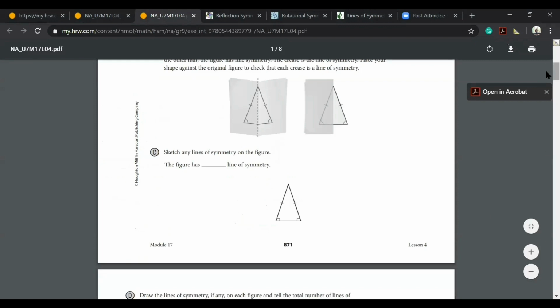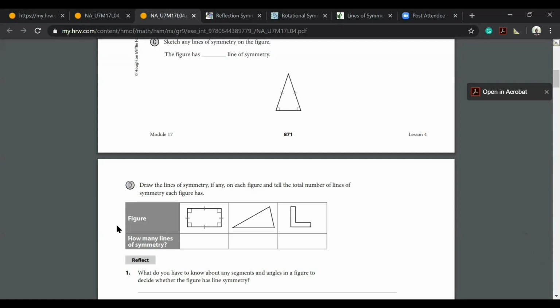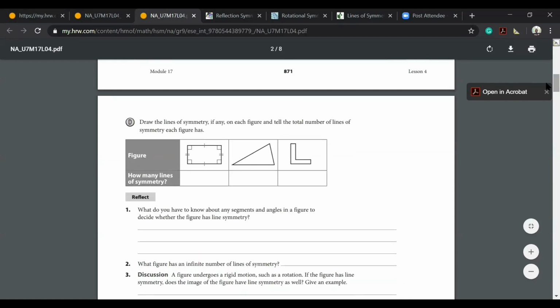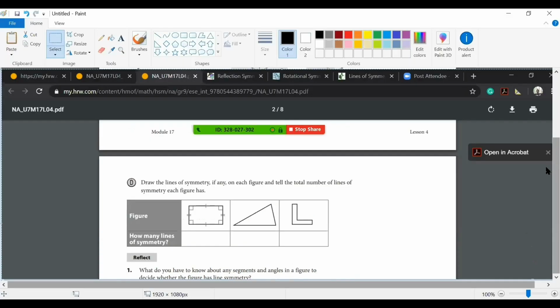Okay, going to the second page. In here, question D. Draw the lines of symmetry, if any, on each figure and tell the total number of lines. Let's think together. How many lines of symmetry do we have on each figure? Let's do it together.